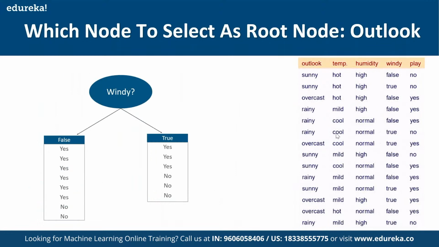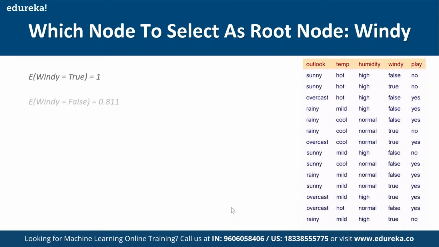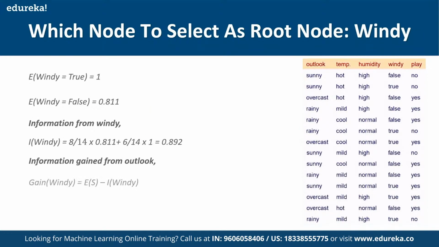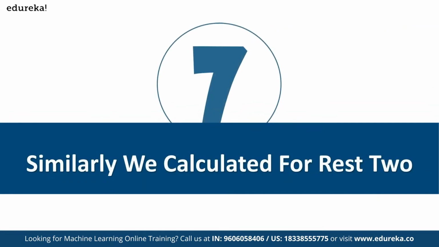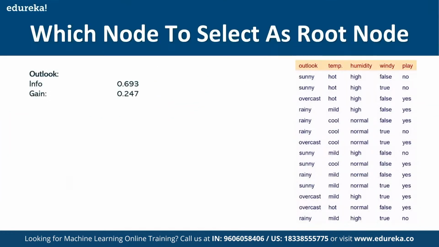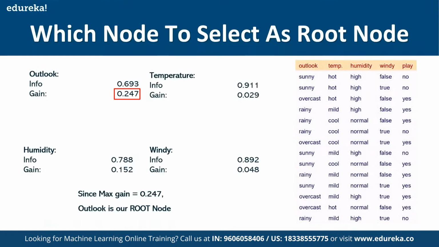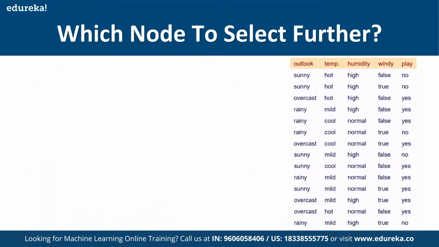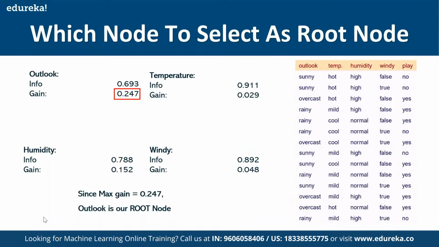Remember, then we will proceed with wind, whether the wind is there or not, right? And then I will proceed with wind and calculate the information gain, and the information gain I found is 0.048, right? Similarly, we will calculate for all the four of them. Let me put it together for all of you. So this is what happens here.